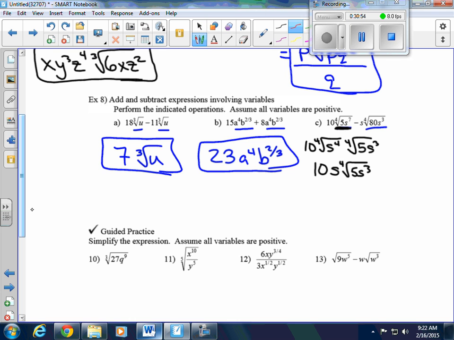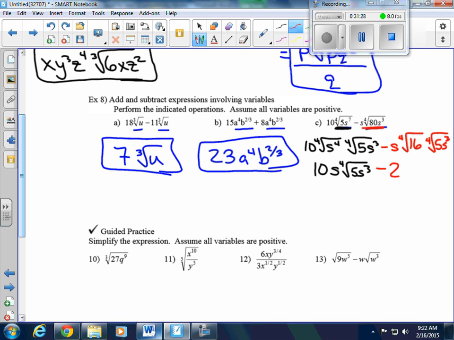So let's look at the next one. So that's going to be minus s. And again, I'm going to break them up. 4th root of something and a 4th root of something. 80. Are there any factors of 80 that have a 4th root? And there is, and it's 16. And the s cubed can't pull out. So 16 and 5 is 80. And then I have an s cubed left. And so now the 4th root of 16 is 2.